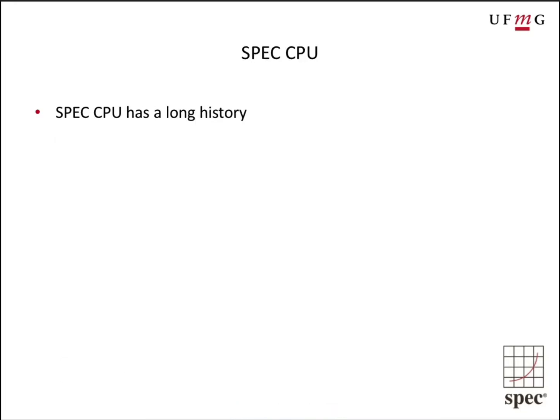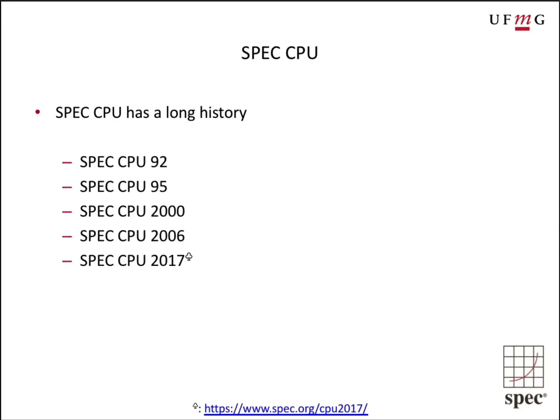So SPEC CPU has a long history as well. Since '92, they launched some benchmarks, some versions, and then 95, then 2000, 2006, and 2017. I did my master's in 2010, and back then we used to see a lot of papers using SPEC 95, a lot of papers doing SPEC 2000, and since 2006 was kind of new, not so many about it.